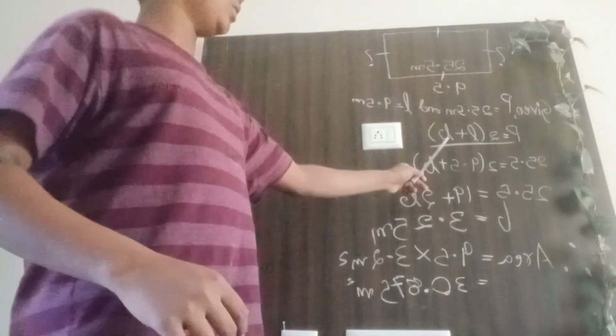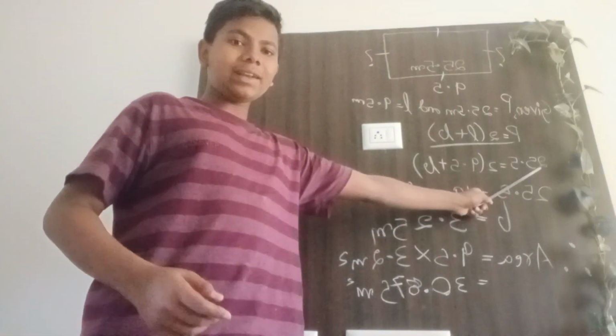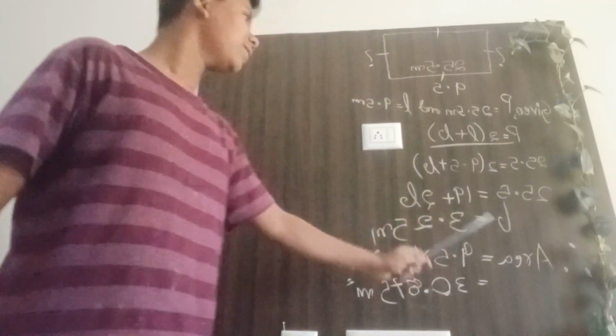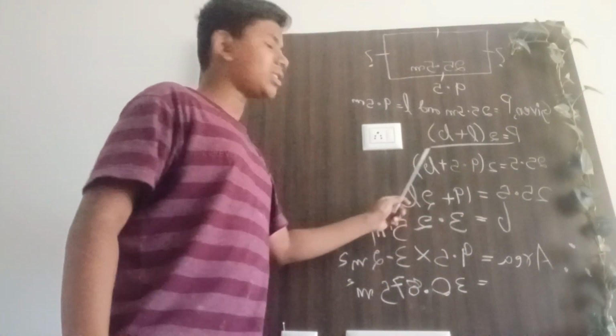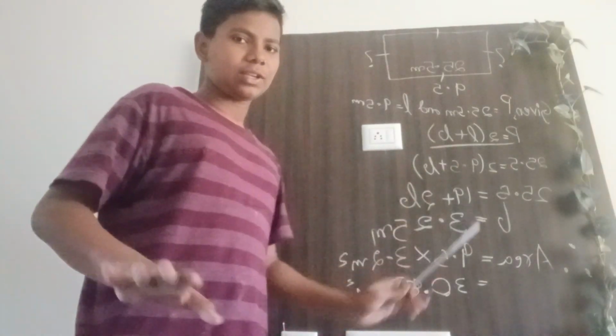Here we'll find the breadth. So 25.5 equals 2 into (9.5 plus B). We don't know the B, so we'll just keep that as B.